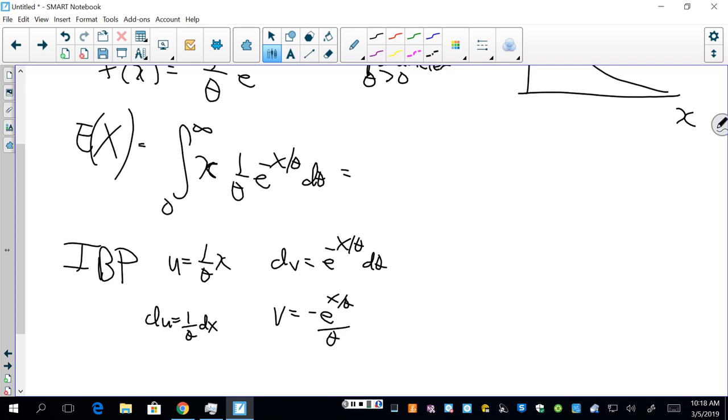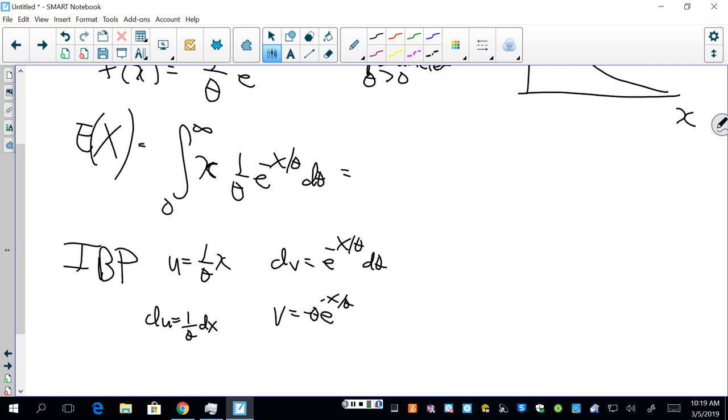If you differentiated this one, you would get back this one, right? Because you would get that same thing, but then you take a derivative of the exponent and you get negative 1 over theta. No, this should be theta in the top, right? Negative theta. Theta should be in there. So yeah, my little check helped there, right?